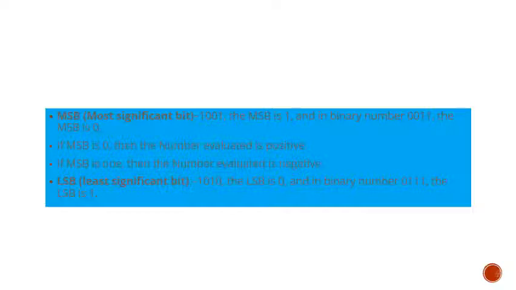If MSB is 1, then the number evaluated is negative. LSB, least significant bit, is the smallest bit in the binary number series at the rightmost side. For example, in binary number 1010, the LSB is 0, and in binary number 0111, the LSB is 1.